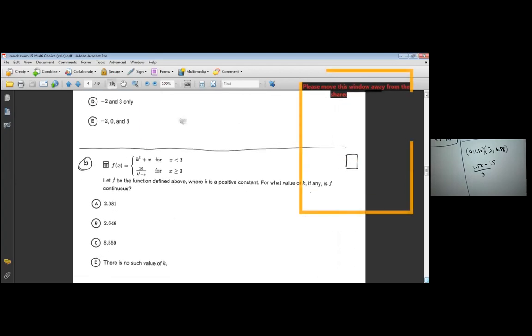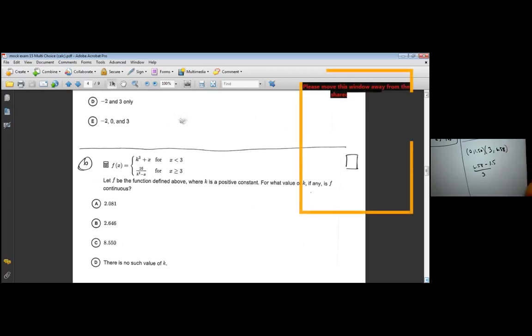Number 6, let F be the function defined above where K is a positive constant. For what value of K, if any, is F continuous? So what's the first thing we want to do here? We're trying to figure out values for K that would make this continuous. So I want to put in 3 for X, and then set the top equal to the bottom.